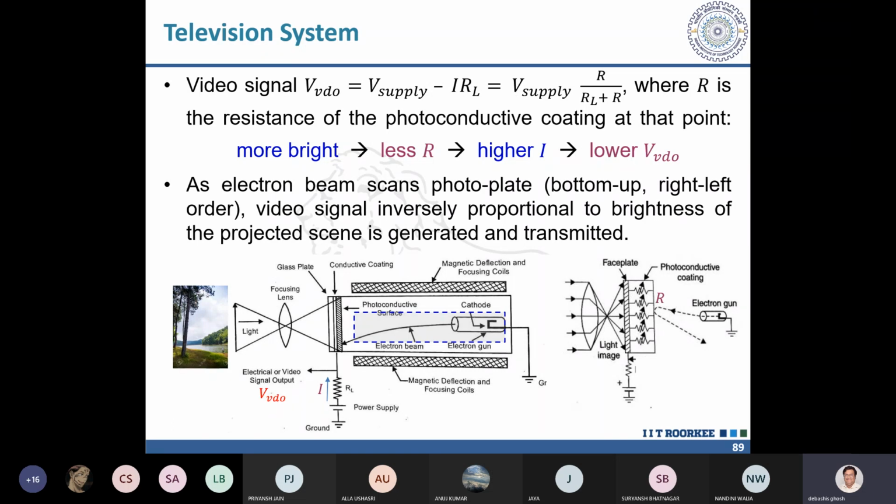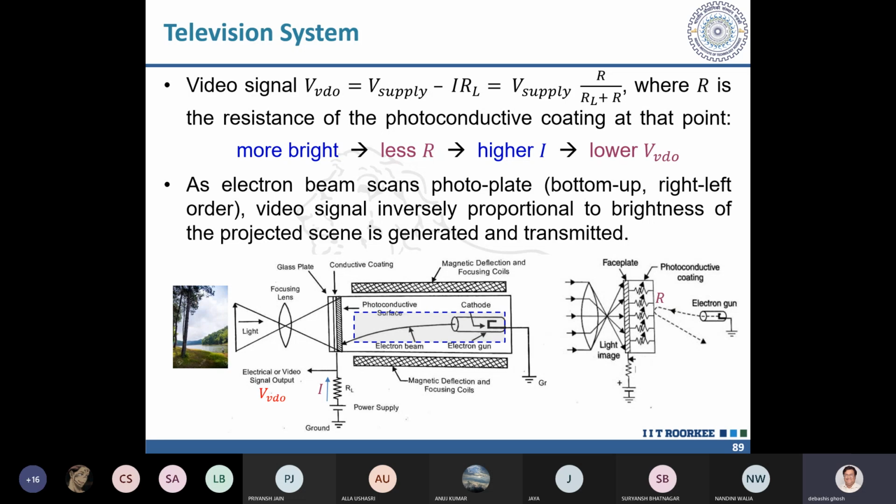Although the television system has now changed, and nowadays it is mostly digital television, when we talk about video phone or video conferencing, it is digitized television. However, we will now study a bit about the previous, analog television system, because the digital television system has actually evolved from this analog television system.